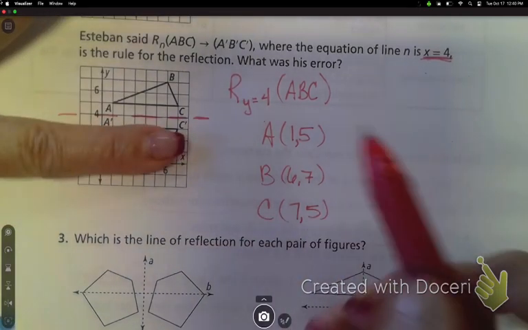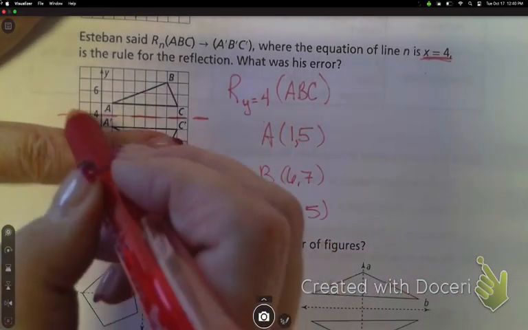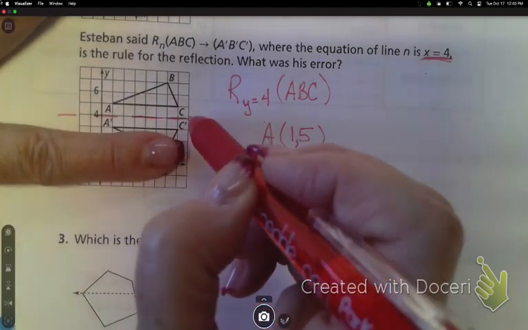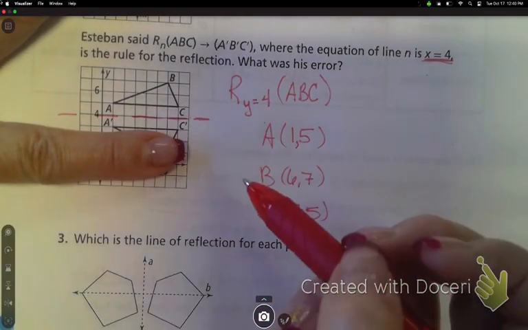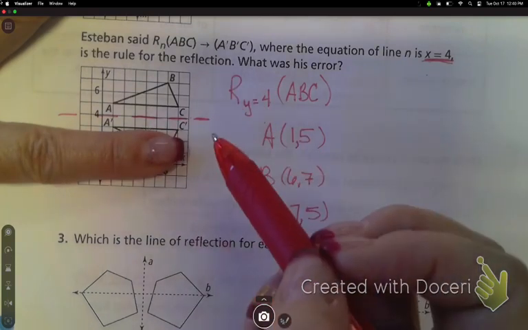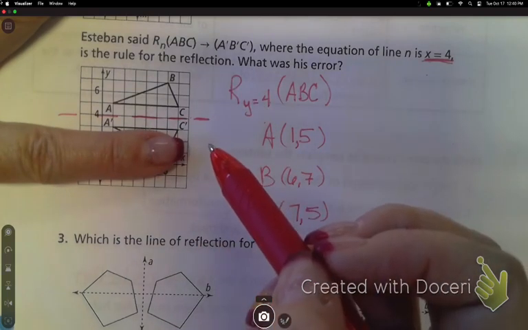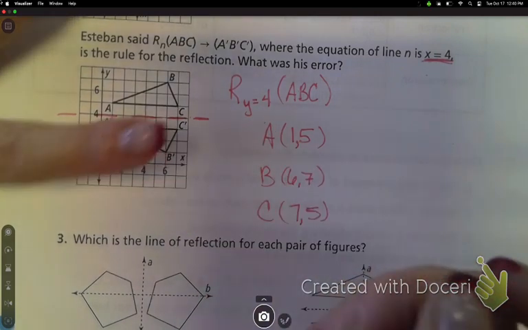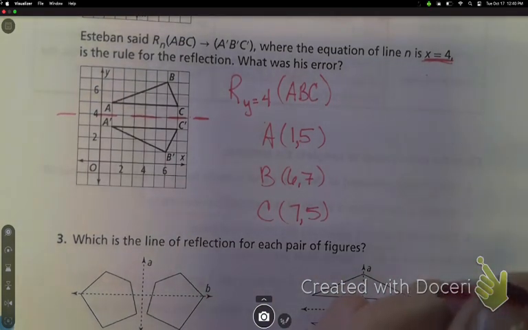Okay, it says reflect across y equals 4, so you would make a y equals what? 4. Or think about it, right? So are my x's going to change? Am I reflecting across the y, or my x is going to change? No. My what are going to change? The y's.